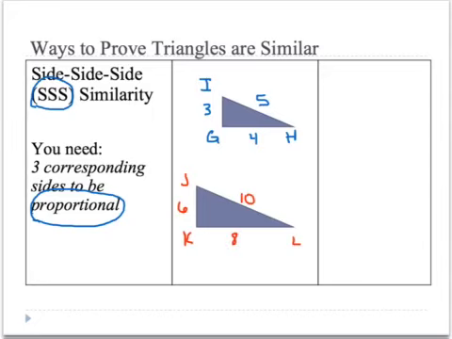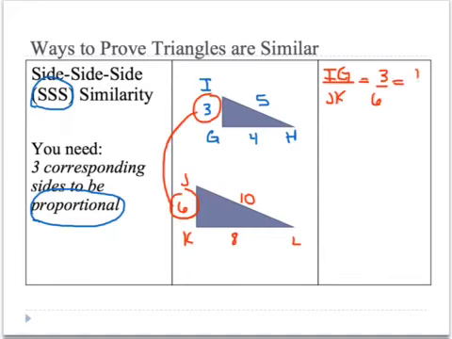Now I need to check that all 3 sides are proportional. So I'm going to start by writing my ratio. I want to compare side IG to side JK and see what their ratio is. So that is going to be 3 to 6.